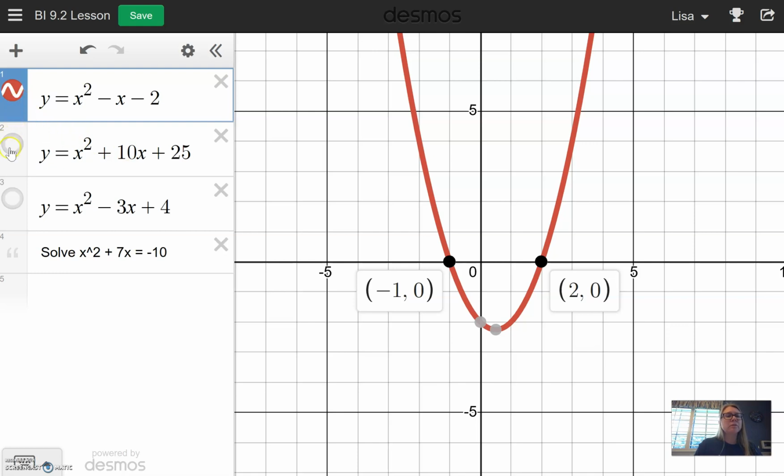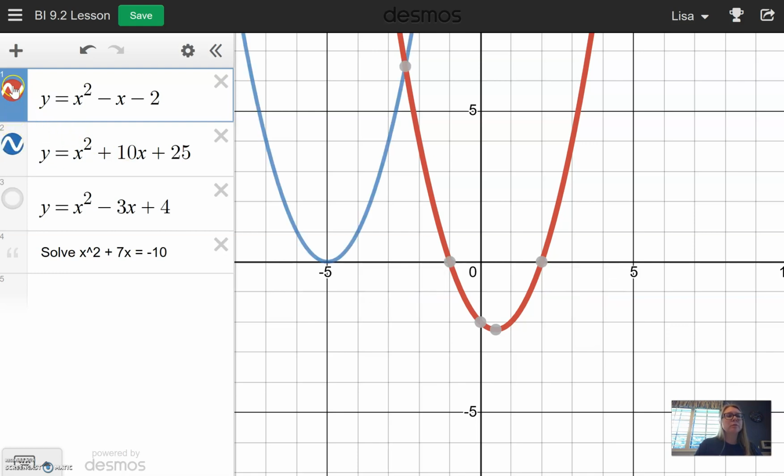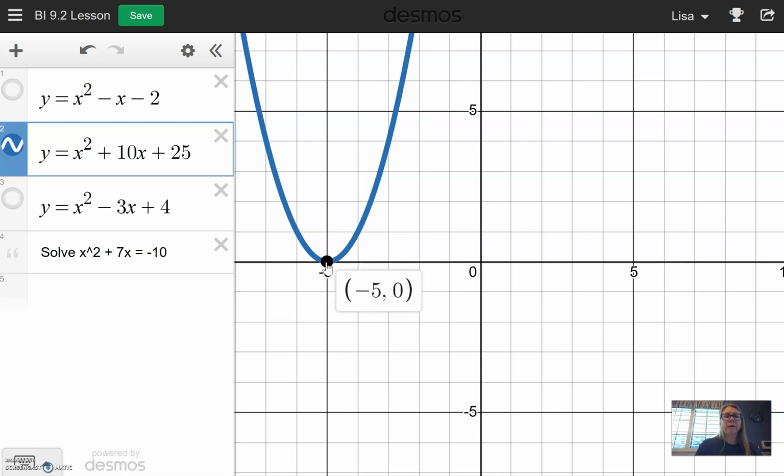So here's another example. Let's turn this one off so we can focus on this new one. Okay, so where does it touch the x-axis? Where is the x-intercept? Right there. Only one spot. So this is an example of a function where it's possible to have only one solution.